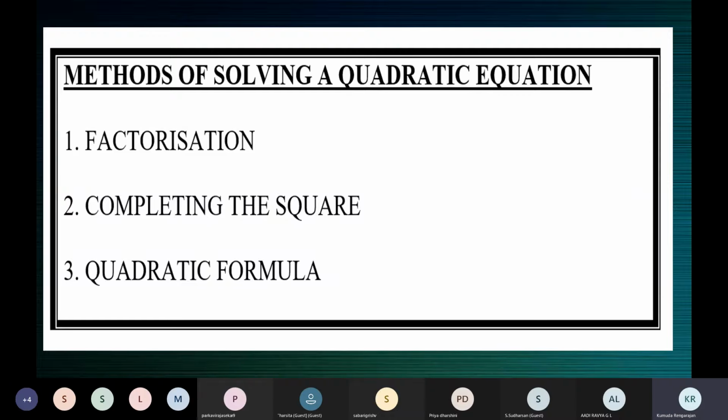We grouped 3 of them, which make a perfect square, and we divide by a common term to make the x square as 1. Once we do that, it's of the form x square minus y square. We treat it as a difference of 2 squares and solve for x.